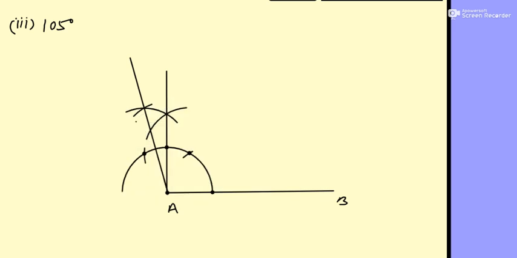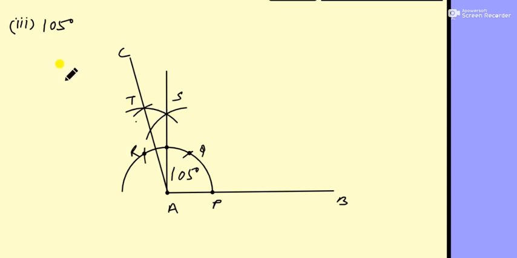Remove the compass and you can write the 105 degree. That is very simple. So you can write the AB and that one is the point C. And here is PQRS. You can write PQR and here is S and it is your T. And you can write steps of construction in own words.